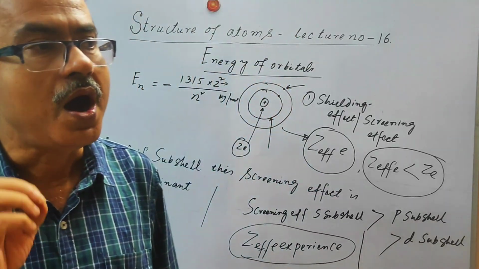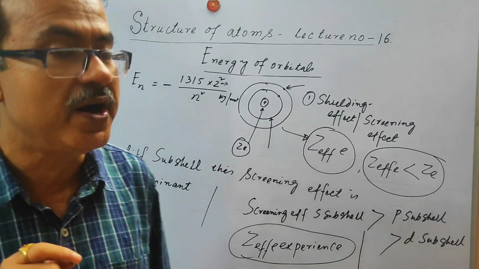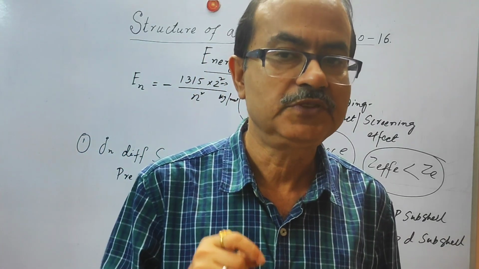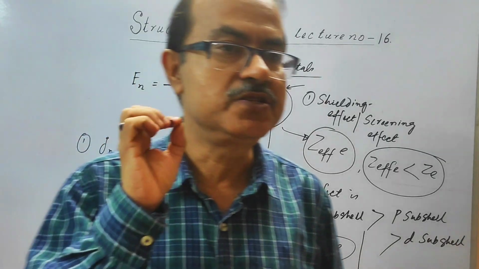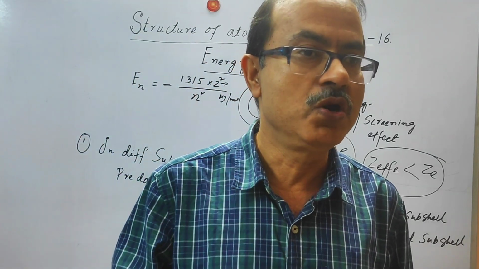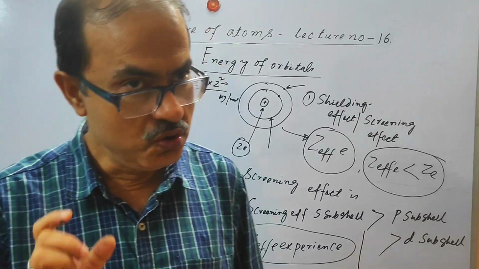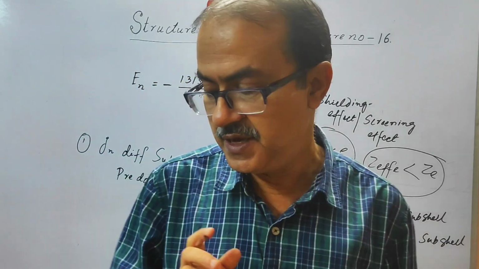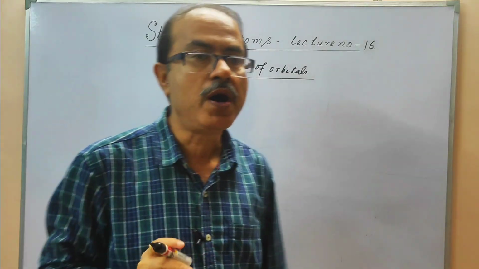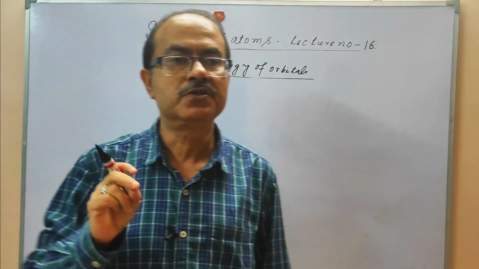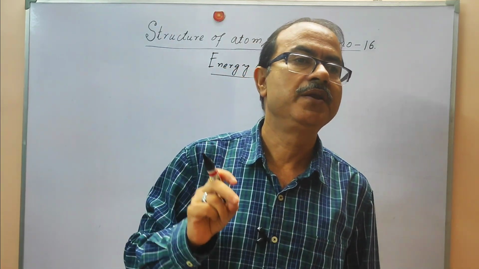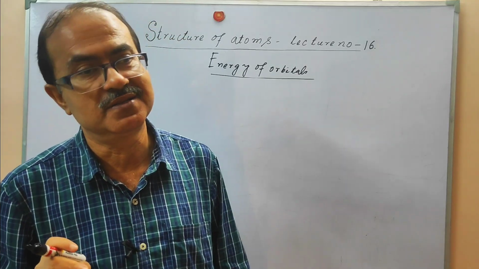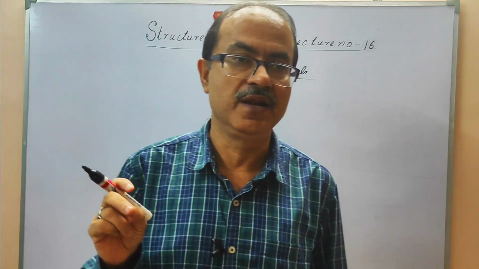And now how are we able to identify this different energy level in the orbitals? For that there is a rule. This rule is called the Bohr-Bury rule, or the n plus l rule, and it explains why in multi-electron systems the energy of the orbitals depends on n and l.